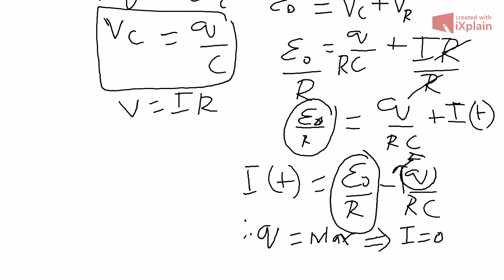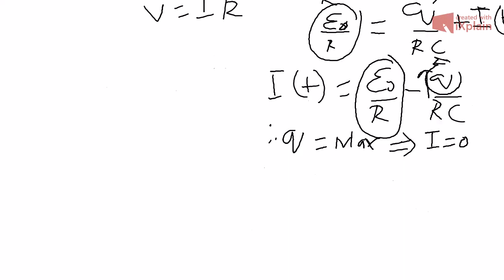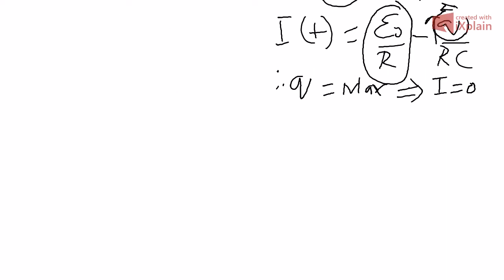So whenever charge is maximum on the plates, the current will be equal to 0.